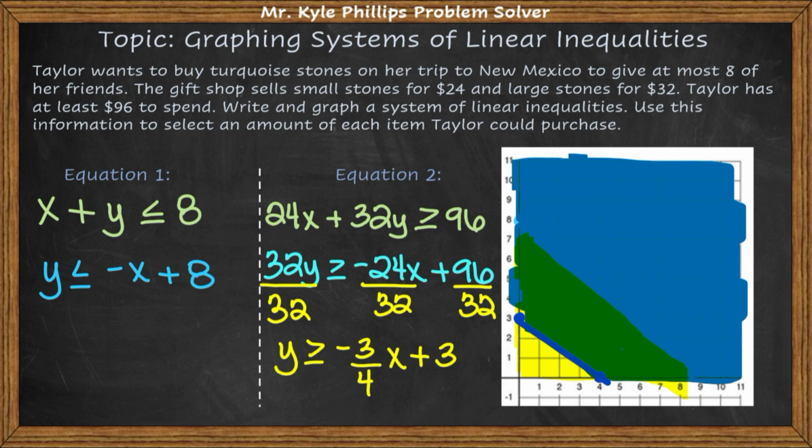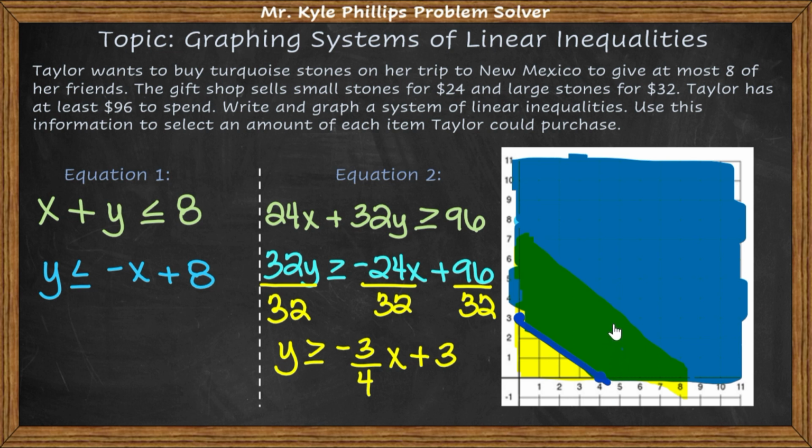Now, here, this overlapping region, the green, is going to be where our solution set is. So it says, use this information to select an amount of each item Taylor could purchase. So we just need to give an example. So here it looks like 5, 3 is going to be a part of that solution set.